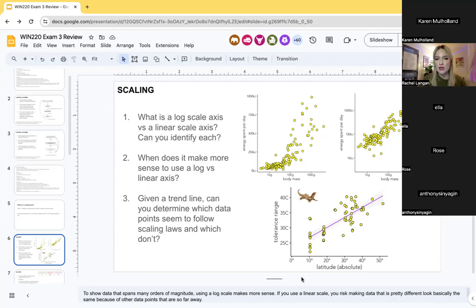The advantage of using a log axis is for spreading apart data when you have data that occurs over large magnitudes. So you can see in this first graph, a bunch of data points are all bunched together because we are using a linear scale. So it makes it look like this data isn't all that different because we had to also graph these other points that are really far away.